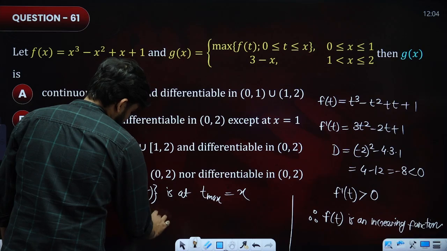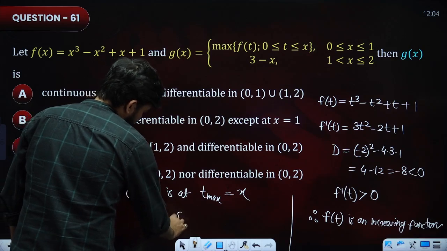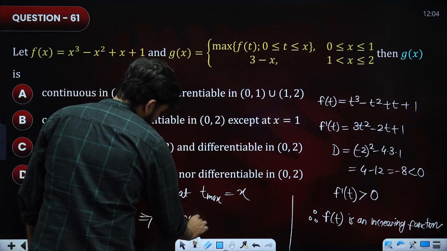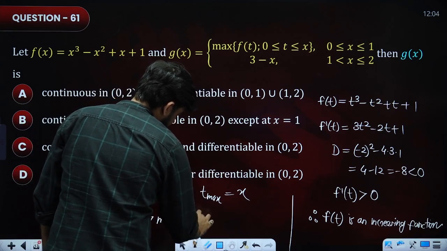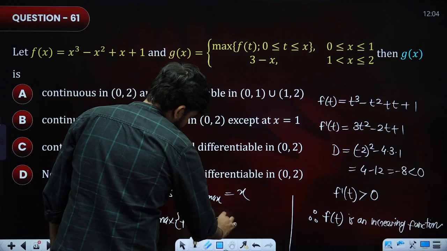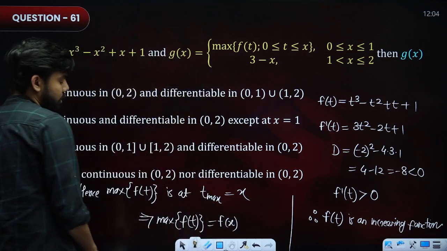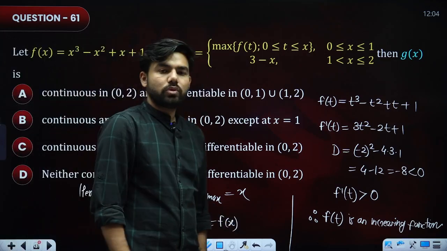Therefore we can say that the maximum of f of t is equal to f of x.